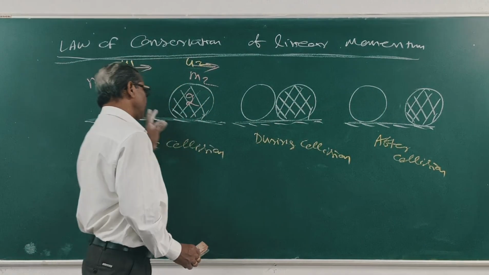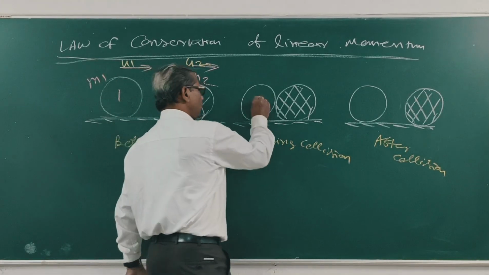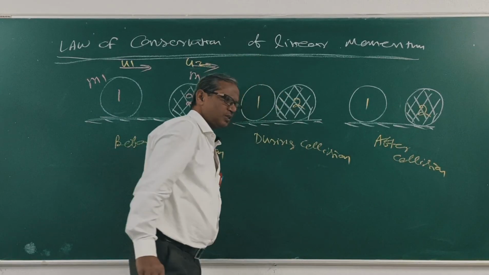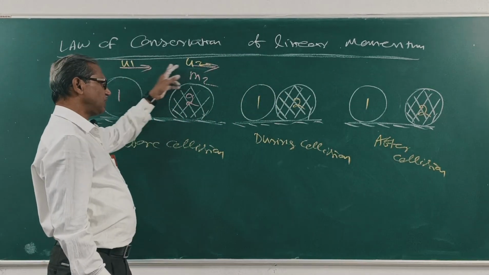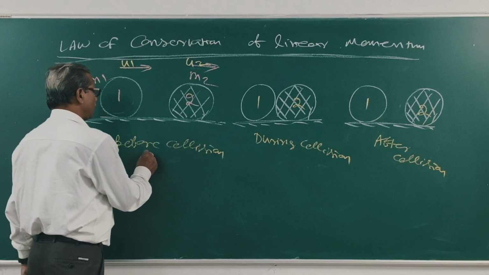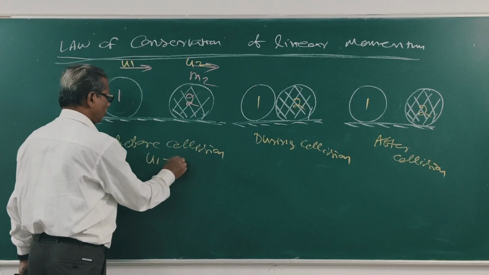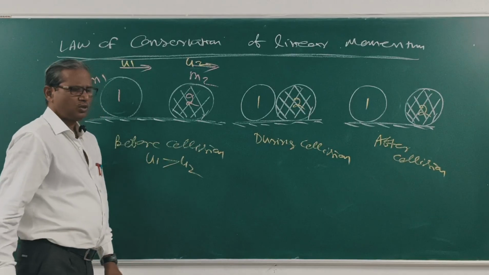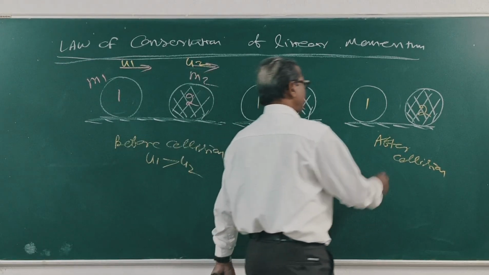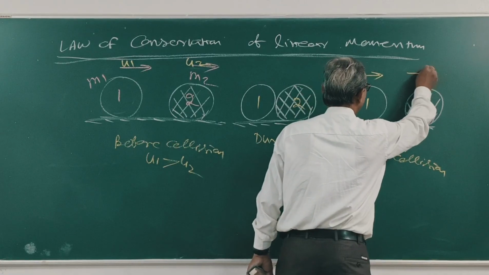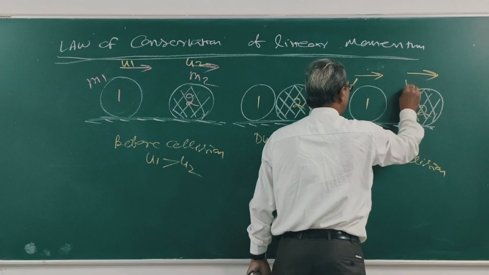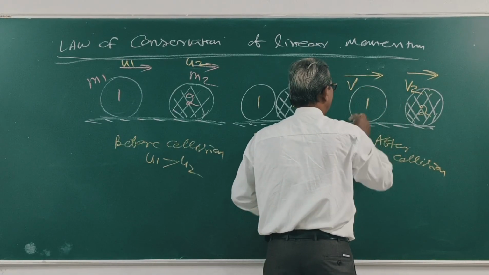So two bodies, 1 and 2. Before collision, their velocities are U1 and U2. Here, U1 is more than U2. After collision, their velocities are V1 and V2.